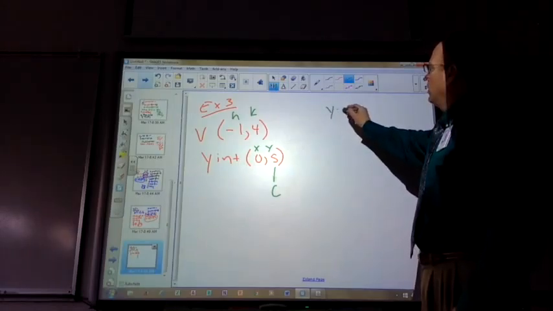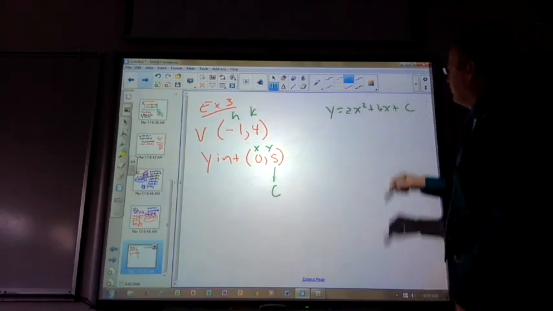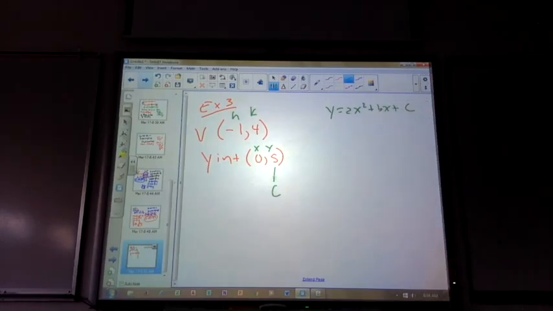So y equals ax squared plus bx plus c. We definitely know c to be what?